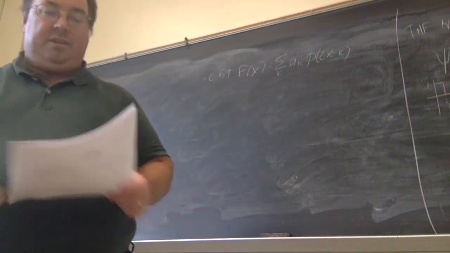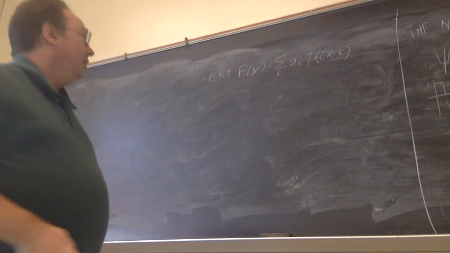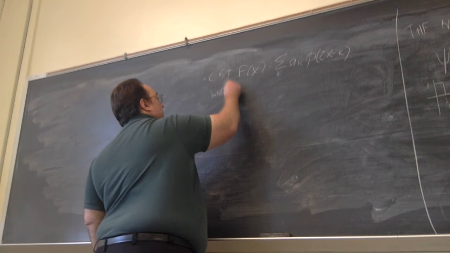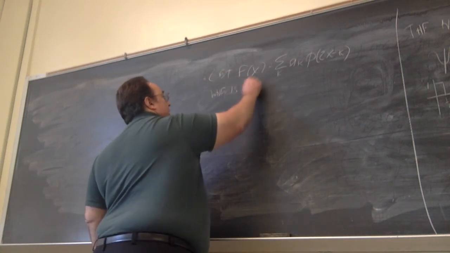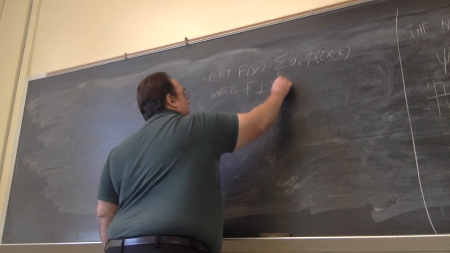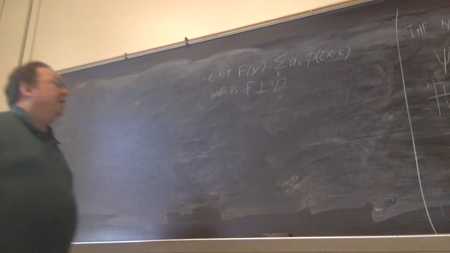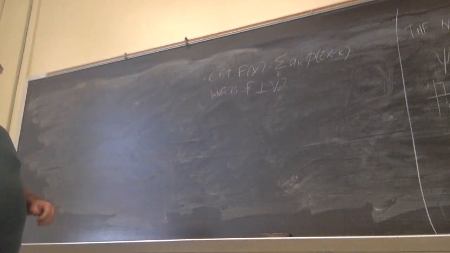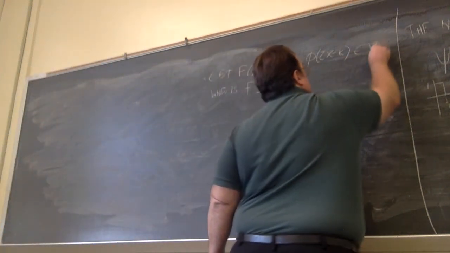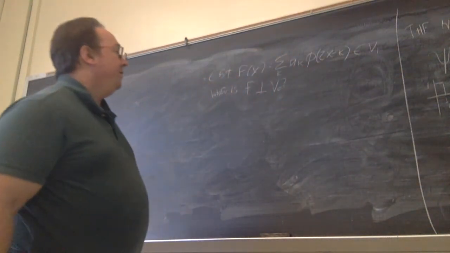Now, when is f orthogonal to V naught? And the way I can answer this question is most easily seen by examining graphs of functions from V1, where this function is, and V naught.